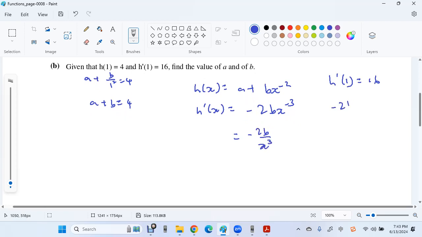So f prime 1 equals 16 gives -2b over 1 cubed equals 16. So b will be 16 over -2, that is -8.